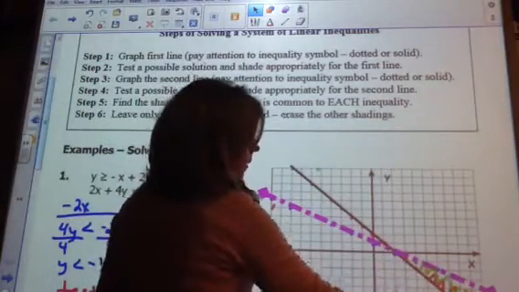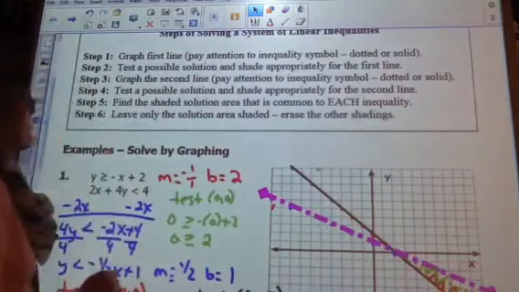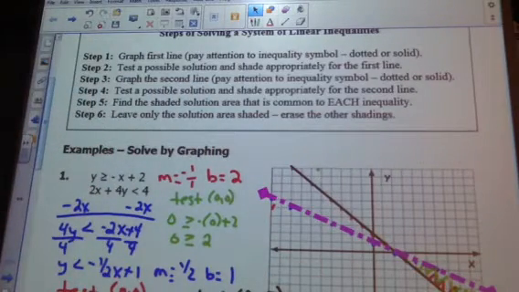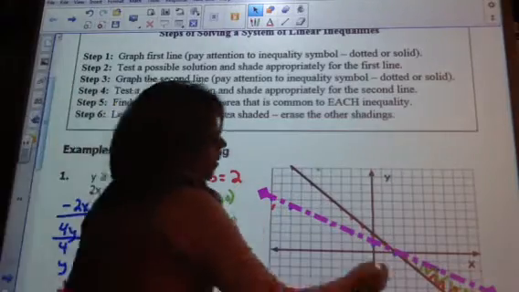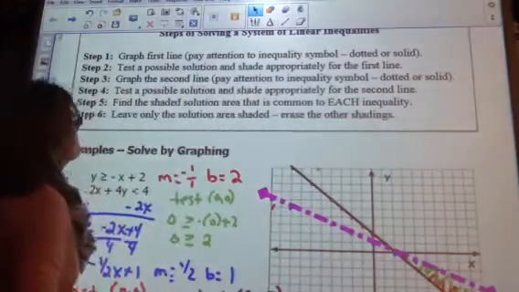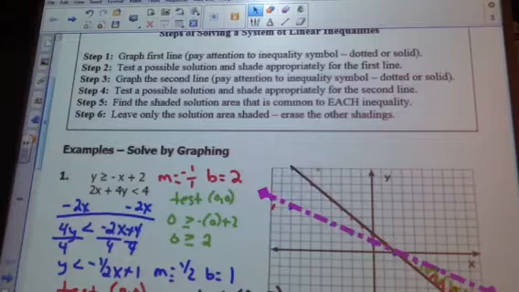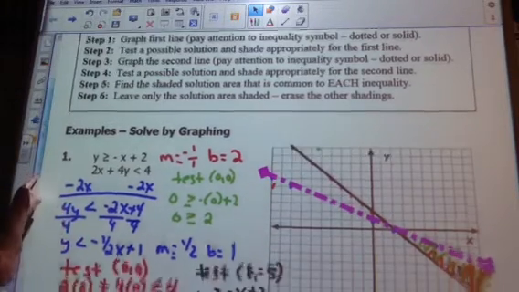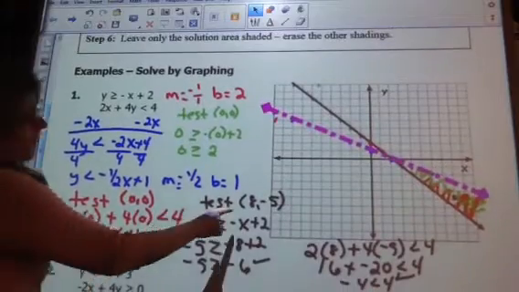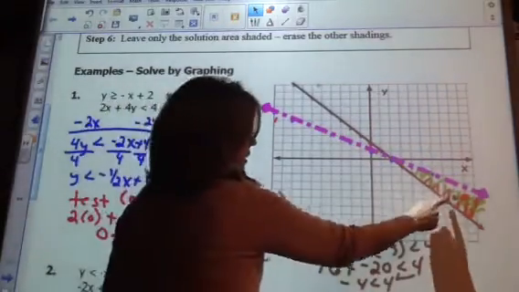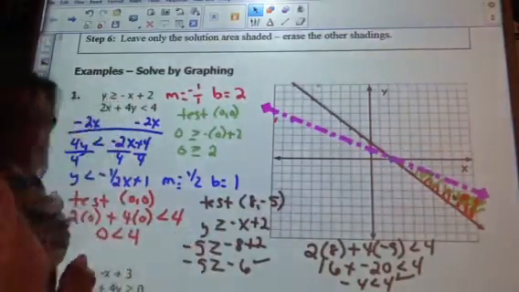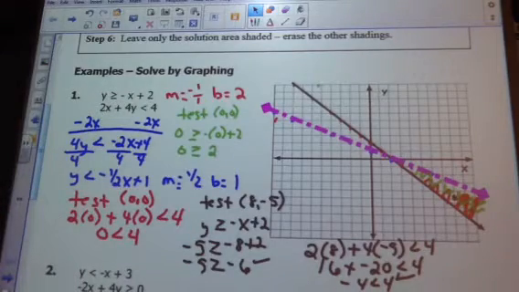Graph the appropriate area. It was red. Find the shaded solution area that is common to each, where it overlaps, which is this right here. Leave only the solution area and erase the others. Then what you can also do is test a point within that shaded region and substitute it into both inequalities and make sure you get a true inequality.